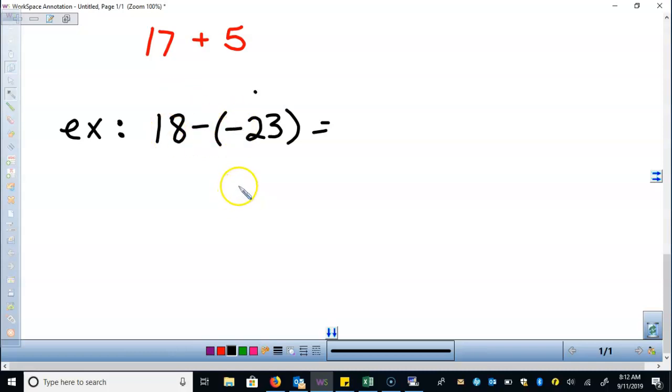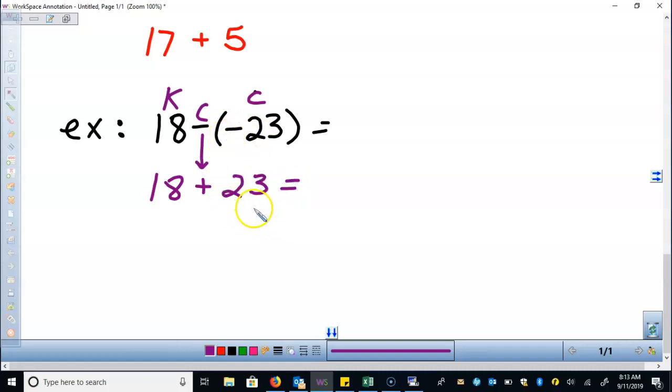Okay? All right. So what's the first step? Okay. Let's keep, change, change. Try it. Go. Change subtraction to addition, and change negative 23 to positive 23.